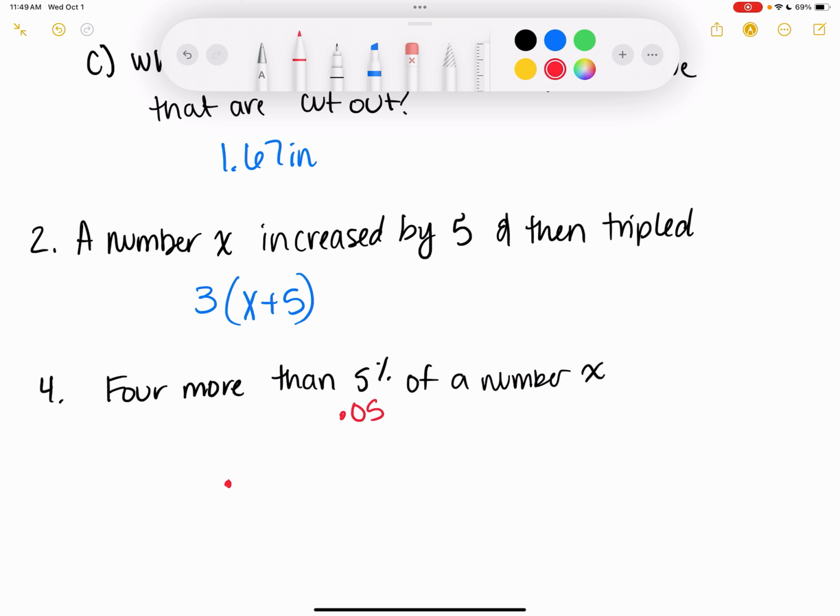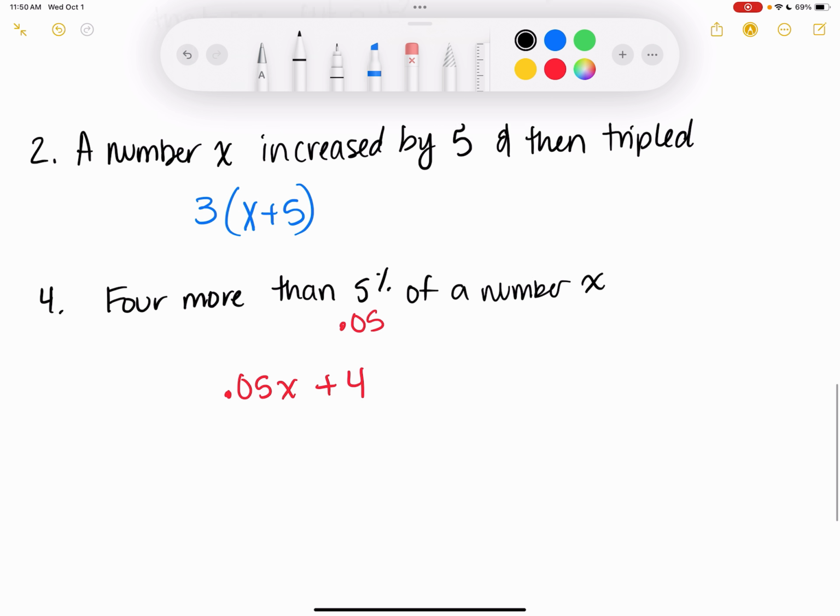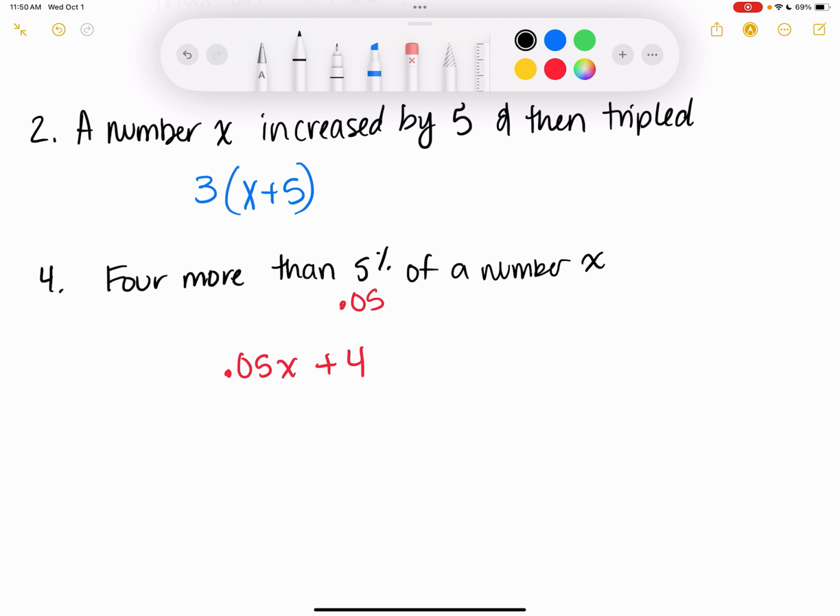So it'd be 0.05 times x, and then 4 more than that would be plus 4. That is correct. Will we have to find out the number of x? Not in these problems.